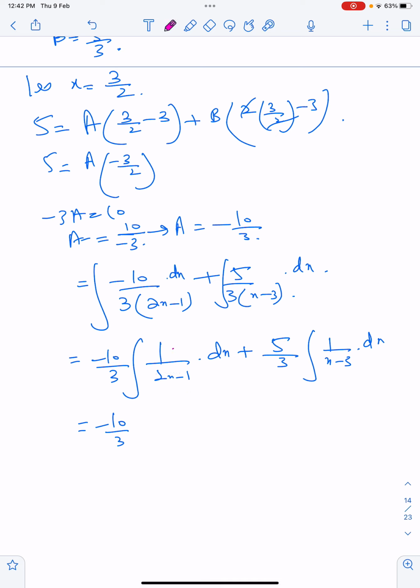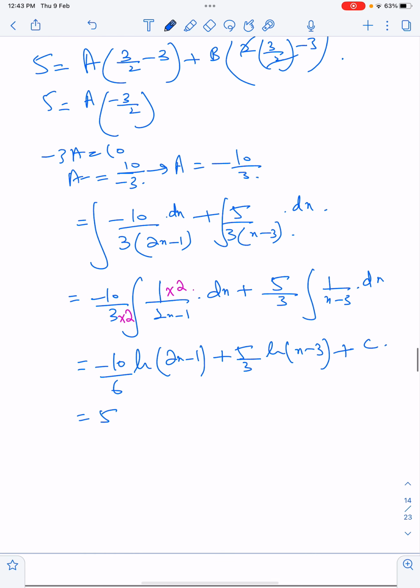So 2 is missing, so I can multiply it by 2 and multiply this by 2 as well. I can write this as the constant times ln|2x minus 1|, and this is perfect, plus ln|x minus 3| plus c.